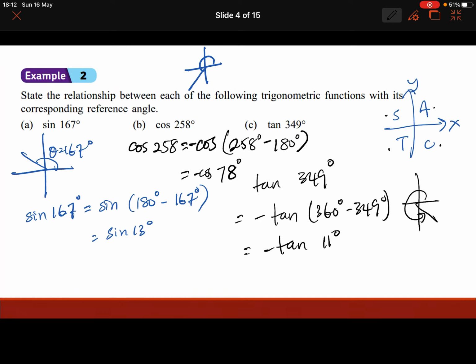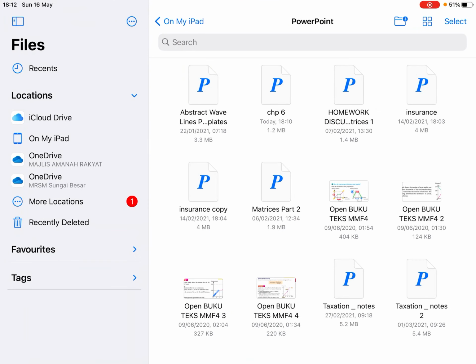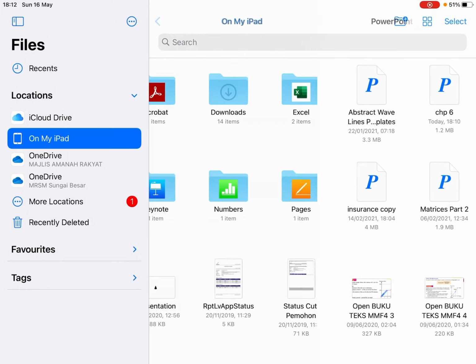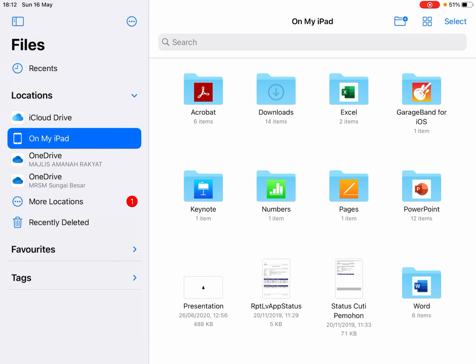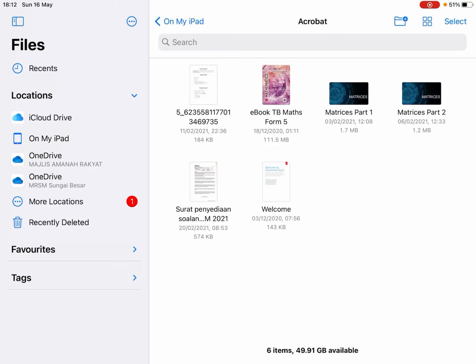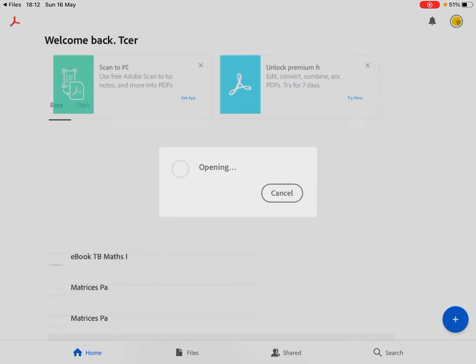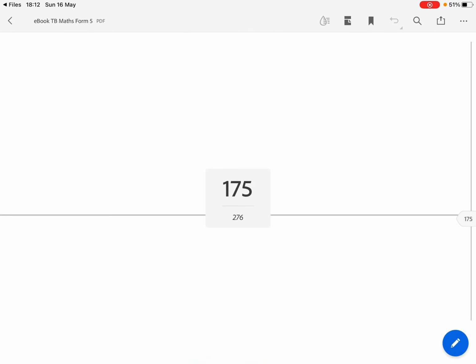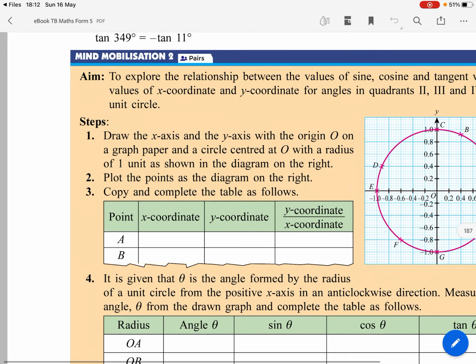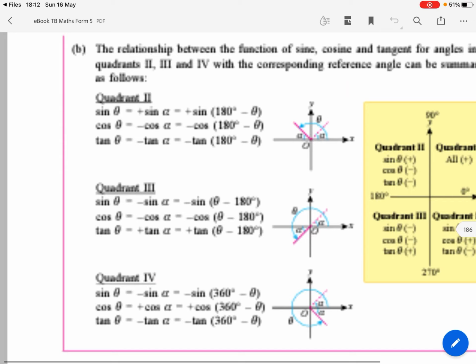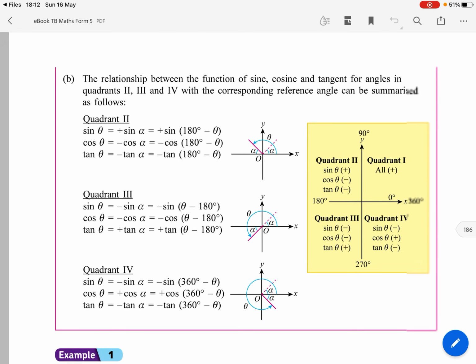Okay, if I can show you from the textbook. Where's the textbook? iPad. Here, the relationship.